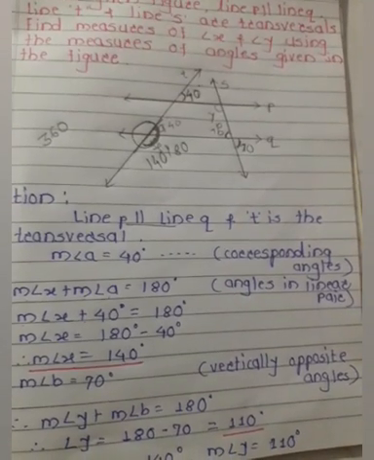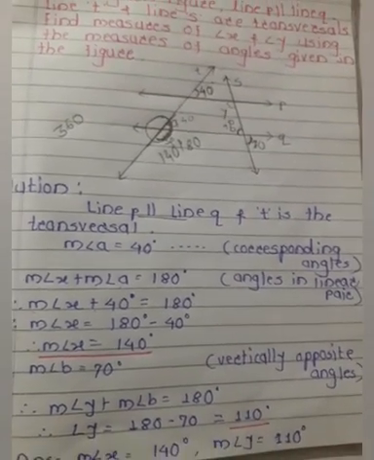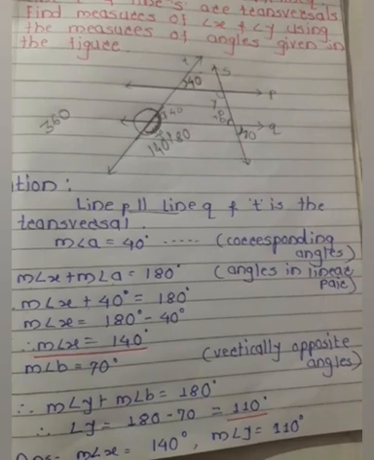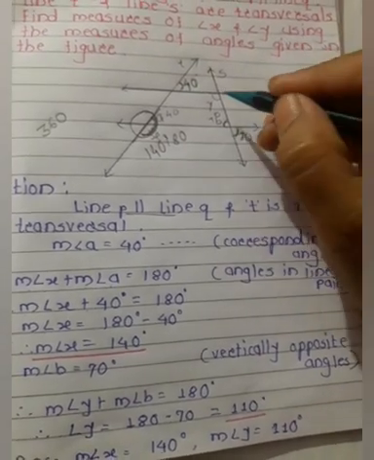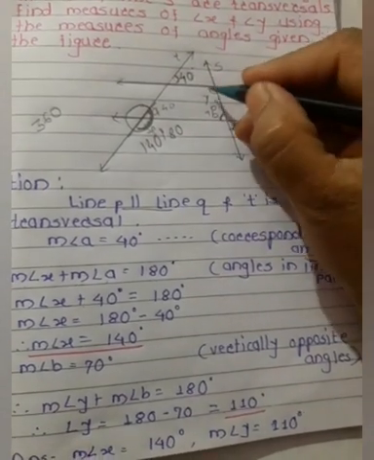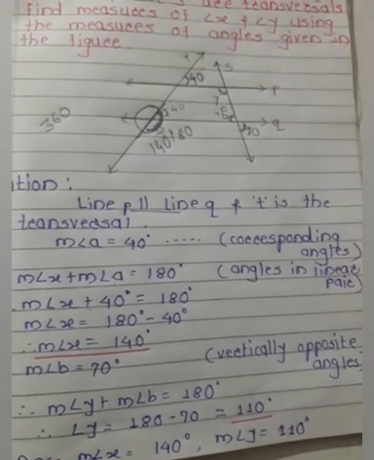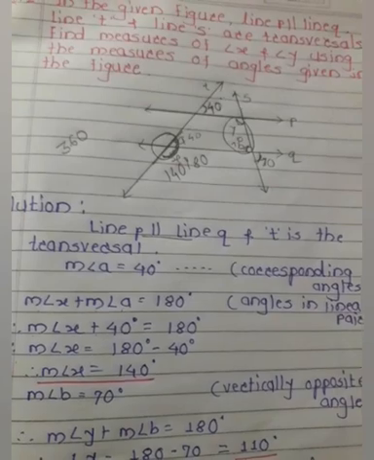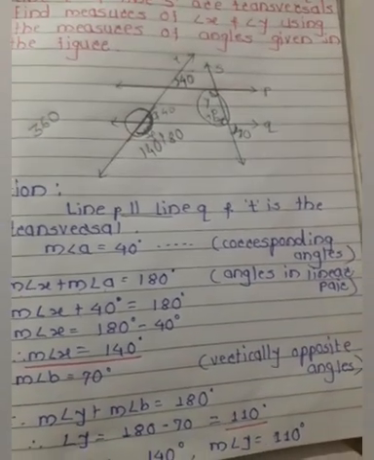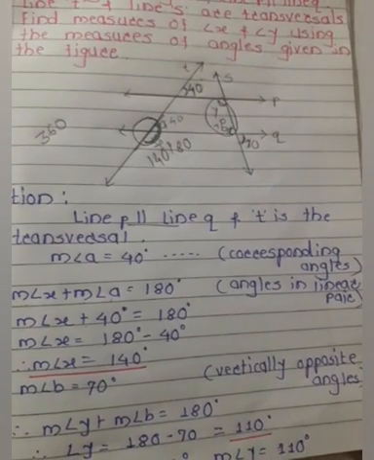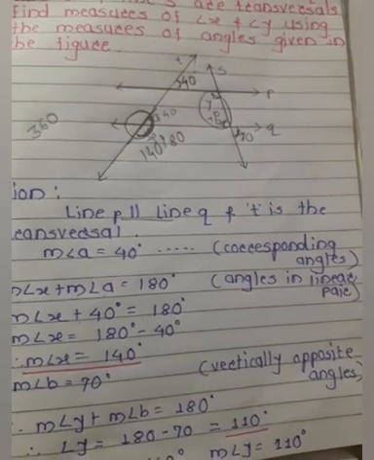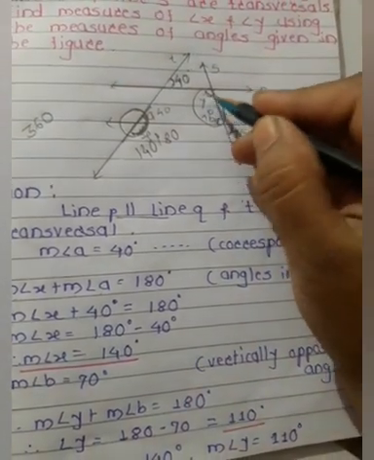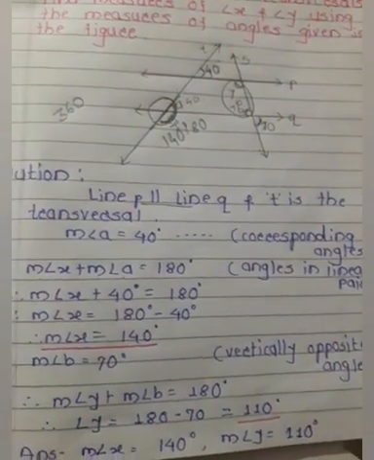That's why the measure of angle B is equal to 70 degrees. Now the measure of angle Y plus the measure of angle B is equal to 180 because these angles are the interior angles, and we have seen the property that interior angles are supplementary, meaning the addition of these angles is equal to 180 degrees.